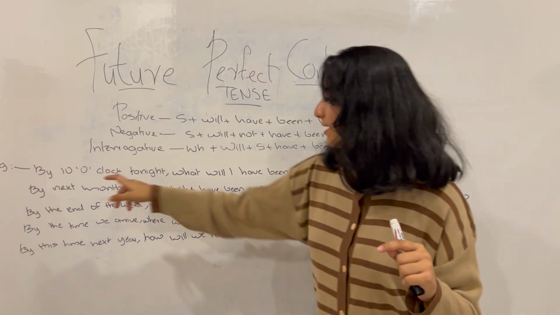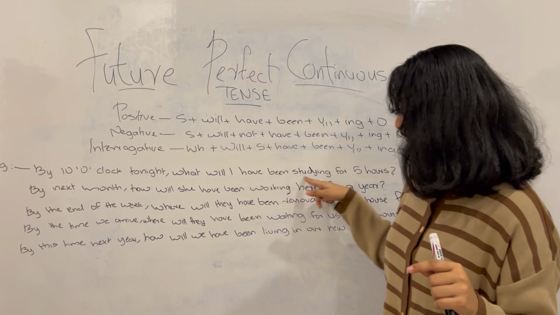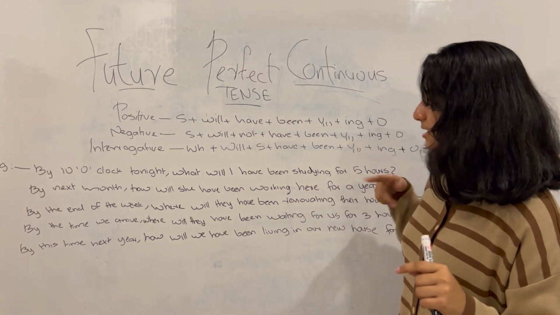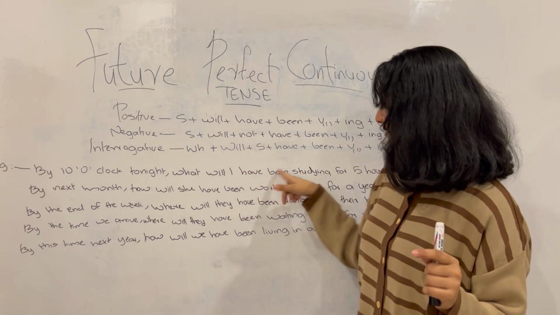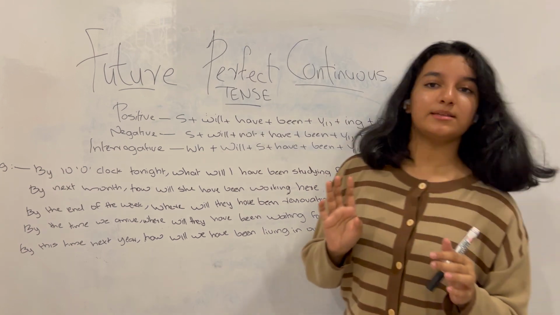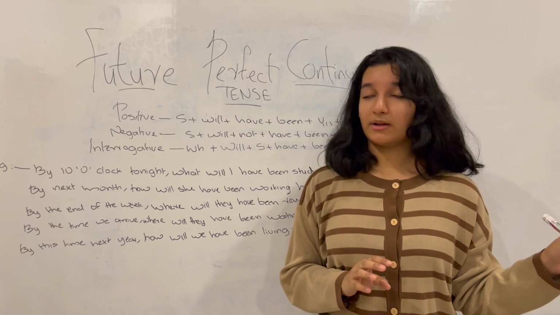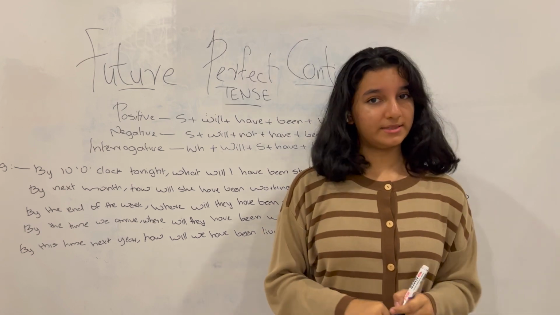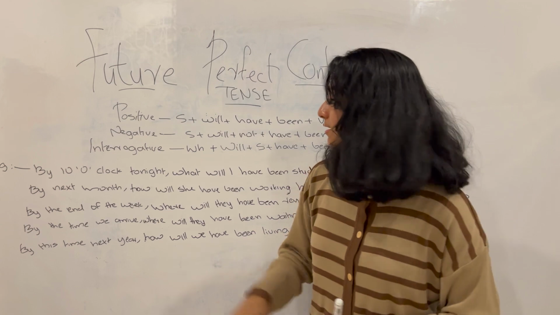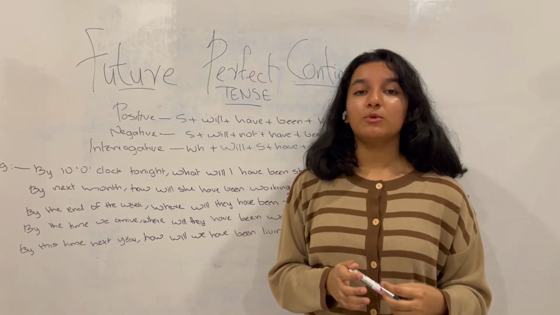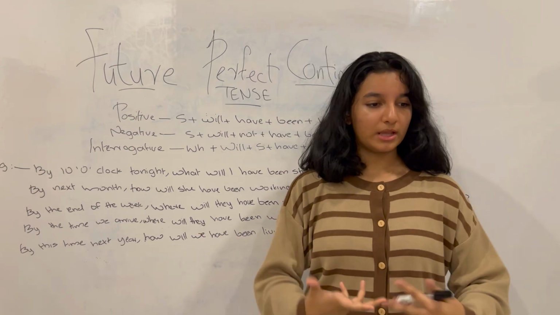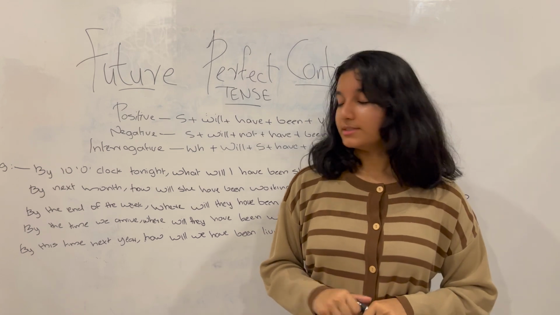You can see here, by 10 o'clock tonight, what will I have been studying for 5 hours? Instead of by 10 o'clock tonight, will I have been studying for 5 hours? It's asking, yes, by 10 o'clock tonight, I will have been studying for 5 hours, but what will I have been studying for 5 hours? It's asking a more specific question.